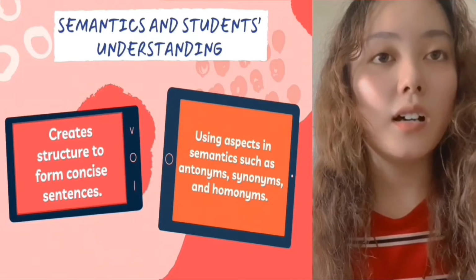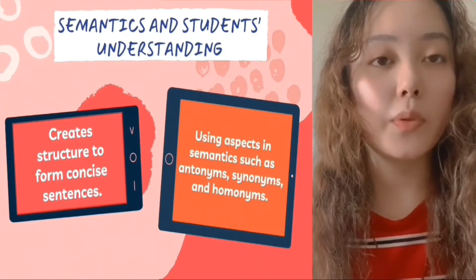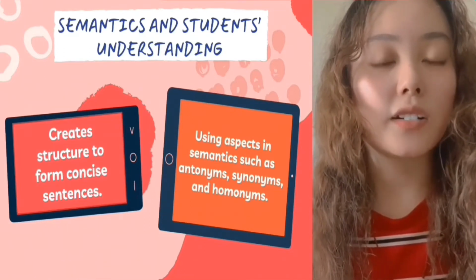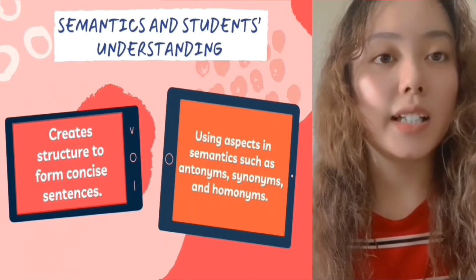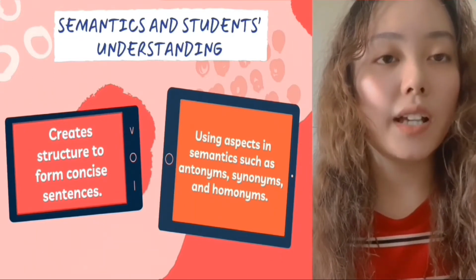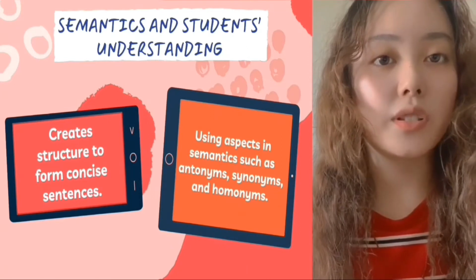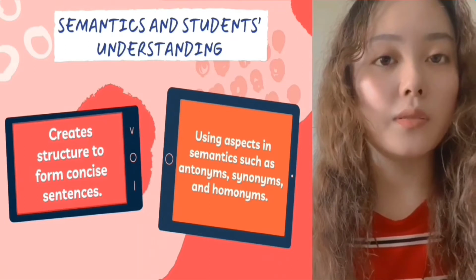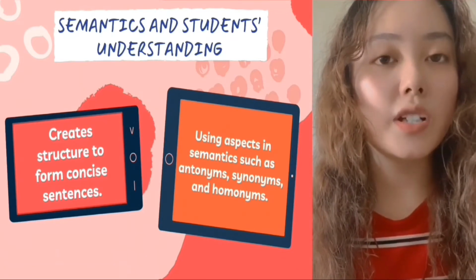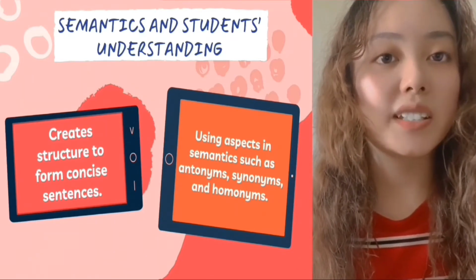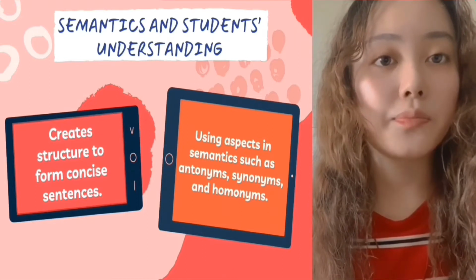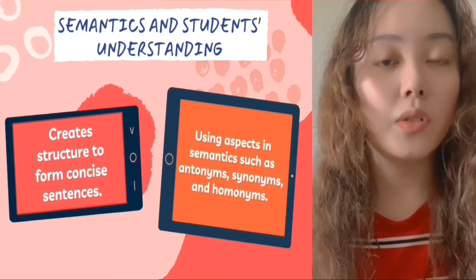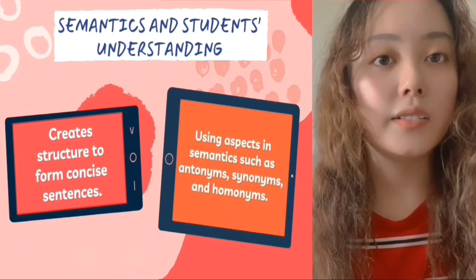Another way to help students understand the structure is entailment. Entailment is also very important for students to understand sentences and articles. Example: the proposition is, last night the prince killed the king, so we can know that the king is dead.